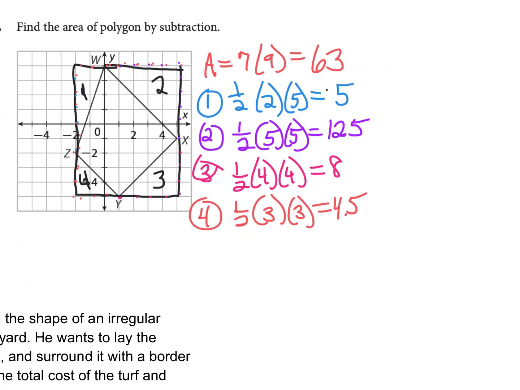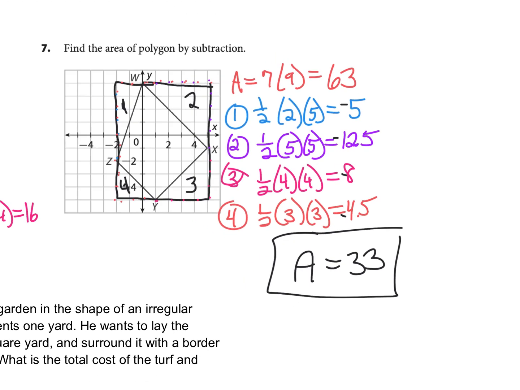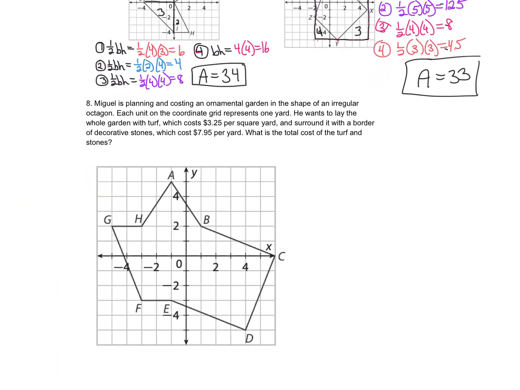So if I subtract all these, 63 minus all of these, my total area will be 63 minus 30. Let's see here, what was that? Minus 13. 33. And sometimes that's the easier way to do that.